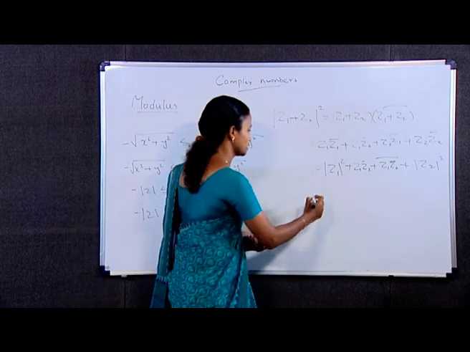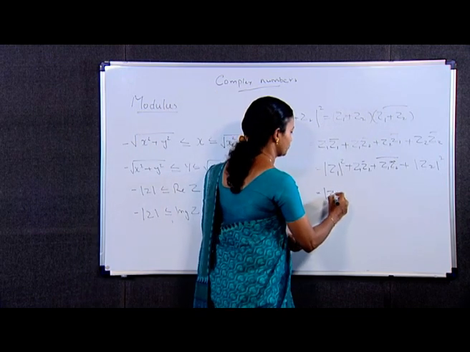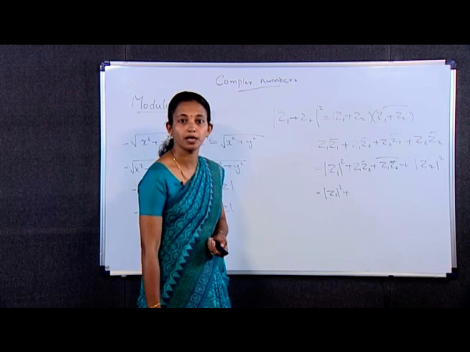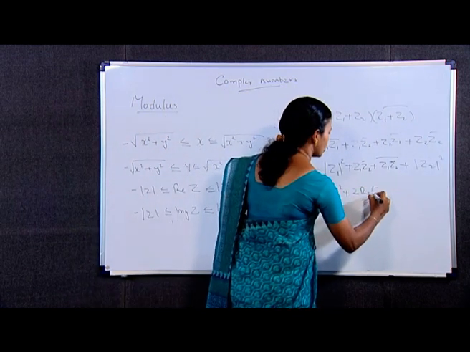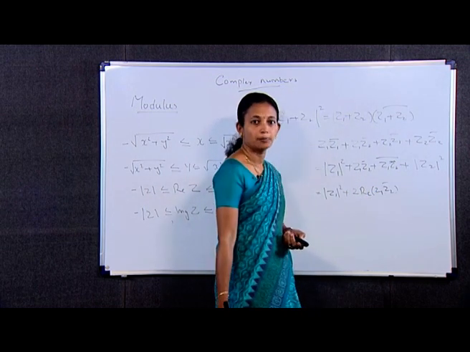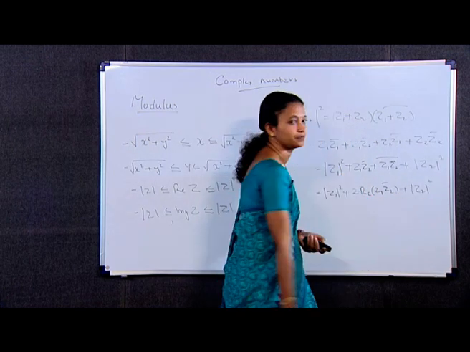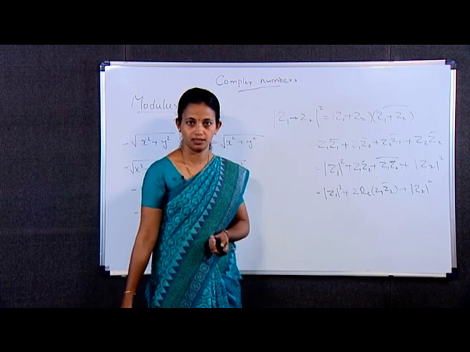So this is equal to mod z1 square plus 2 times the real part of z1 z2 conjugate plus mod z2 square, since z plus z bar is equal to 2 times the real part of z.